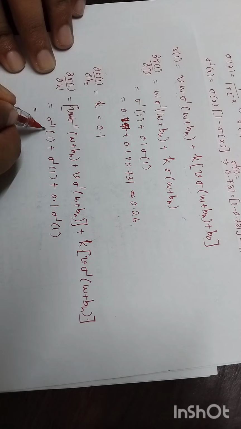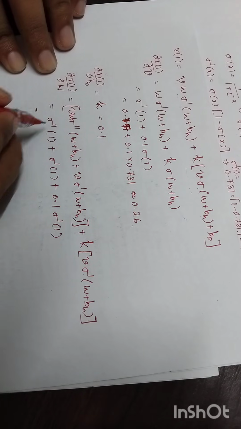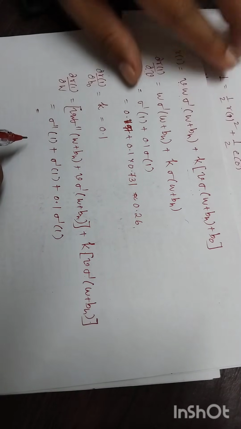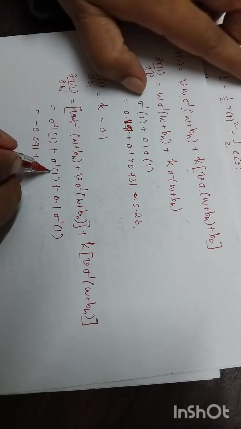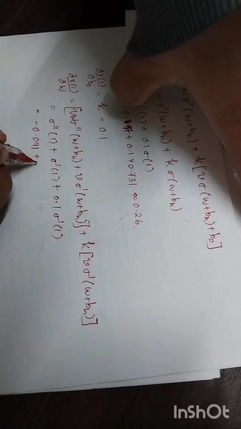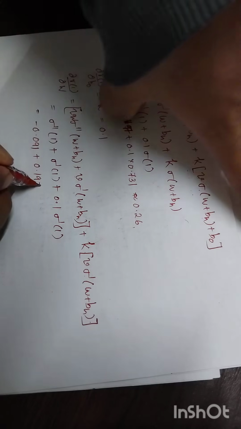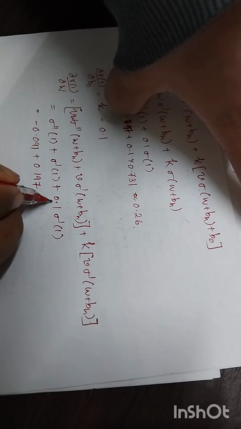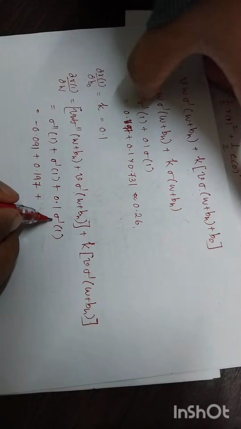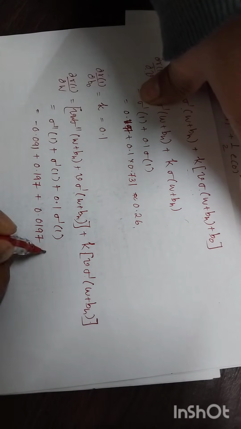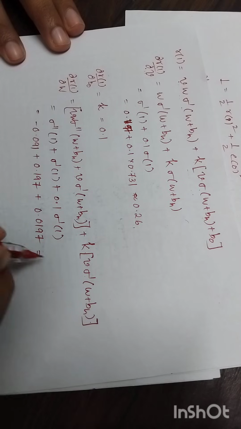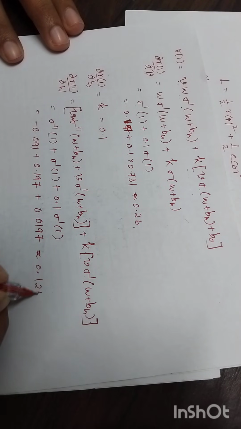Sigma double dash of 1 we have already calculated, it is minus 0.091, plus sigma dash of 1 is 0.197, plus 0.1 into sigma dash of 1, which is 0.0197. If you sum these up, you will get a value roughly around 0.125.